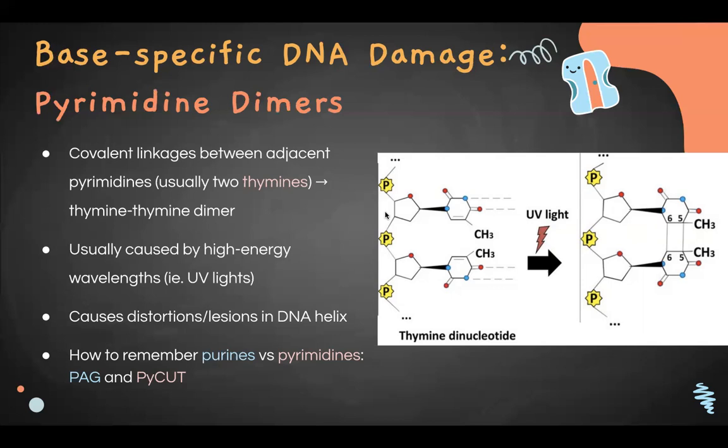So you can see here on the right, there's a figure that shows the 5 and 6 positions on the thymine nucleotides that are adjacent right here in the DNA backbone that form this bond. And it's usually caused by high energy wavelengths like UV light. So wear sunscreen. And it can cause these distortions or lesions in the DNA helix because it is forming this bond here.